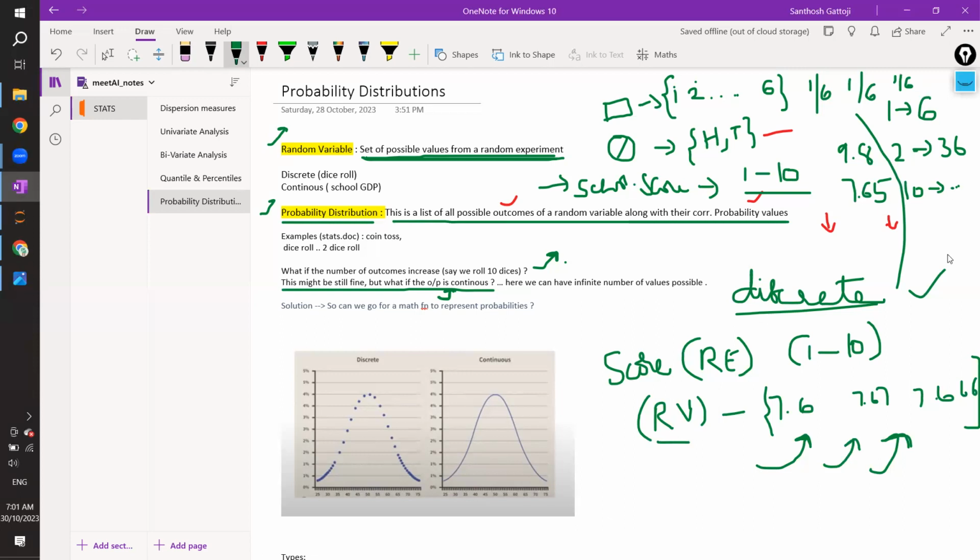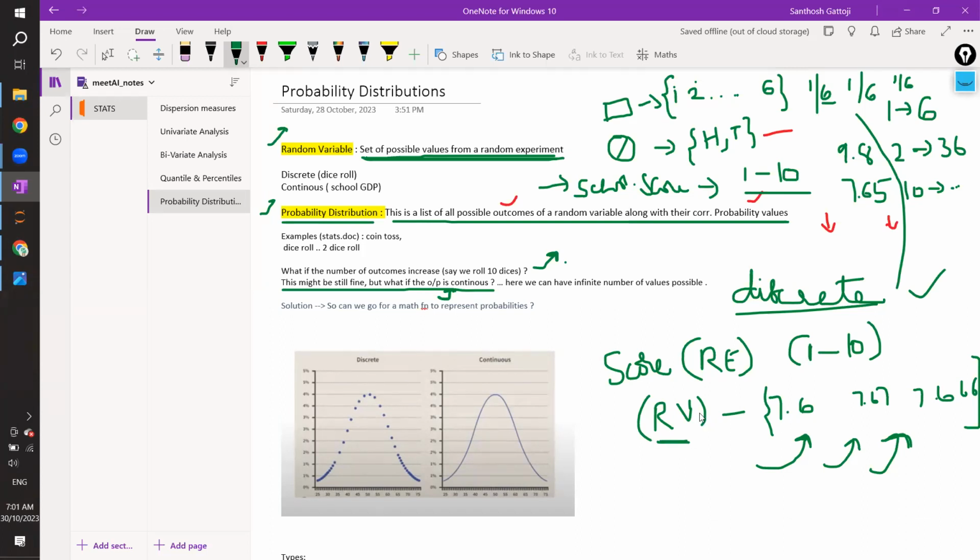Agree? Similarly, now if you come over here, what are the possible outcomes, guys? No, this 10 is just a range, Sirisha. In between 1 to 10, what all possible outcomes are possible?